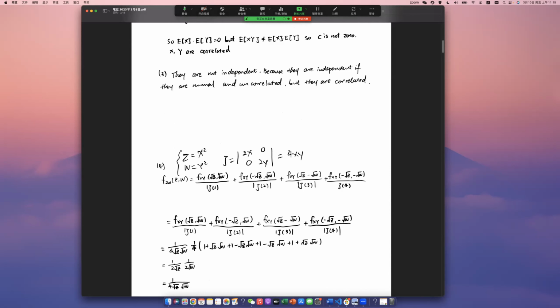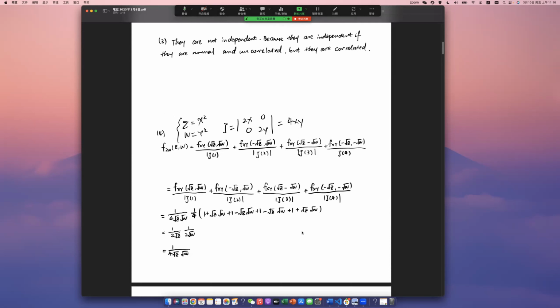We plug into the formula to get the density in this way, and after simplifying, we get 1 over 4 times the square root of z times the square root of w as the density function of f(z,w).